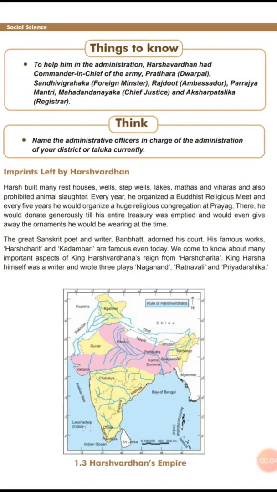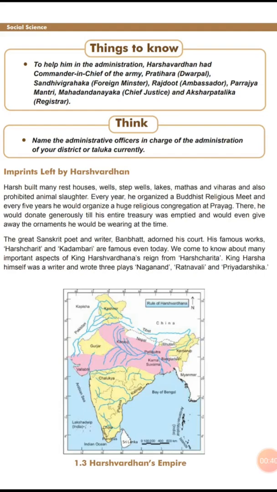The great Sanskrit poet and writer Banbhat adorned his court. Adorn means make it more attractive. Okay, his famous works. What are the famous works of Banbhat? Harsh Charit and Kadambari are famous even today. We come to know many important aspects, means you can say features, parts of King Harshvardhan's reign from Harsh Charitra.